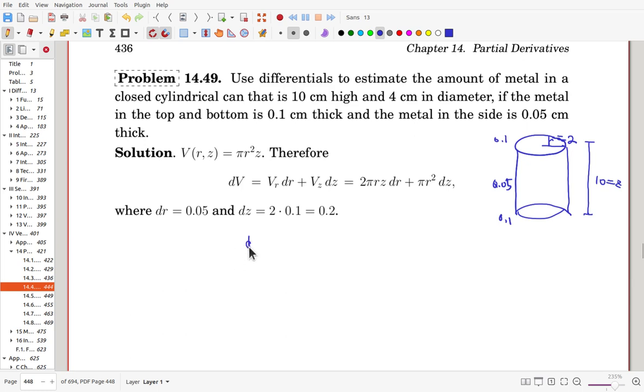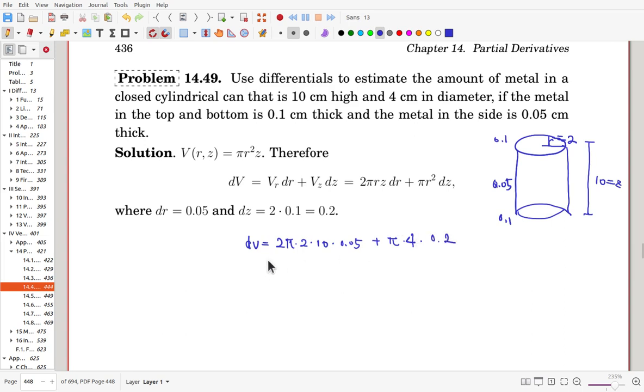Okay, dV equals 2 pi, r is 2, and z is 10, and dr is now 0.05, plus pi r squared, which is 4, and dz is 0.2.